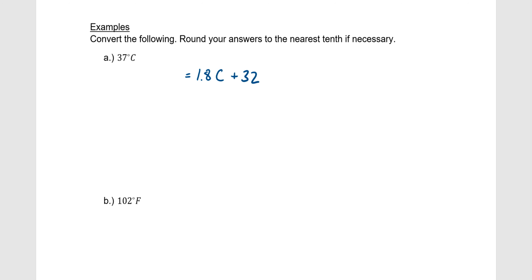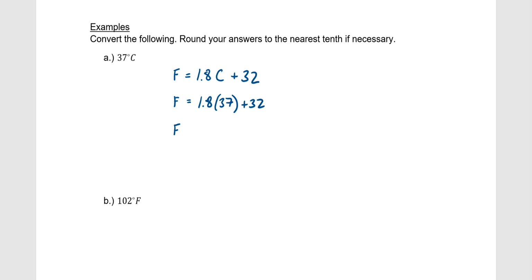I'll use that 1.8 version instead of the 9/5. It doesn't matter though. So we are going to plug in 37 into C. So that's 1.8 times 37 plus 32.